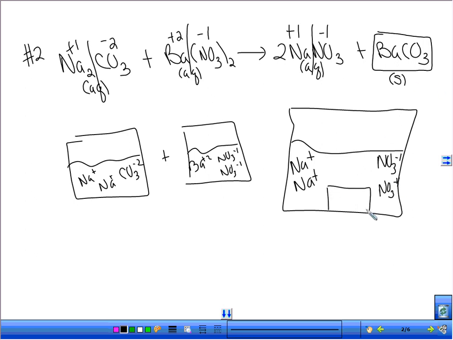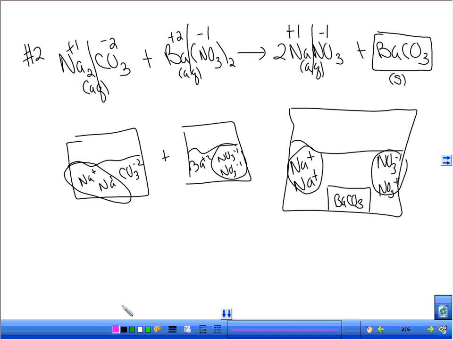Well, he actually formed a solid, and no longer is just hanging out. They just actually joined up together, kind of like made a couple there. So the spectators, hopefully you can see them here, these sodiums here are spectating. They're just hanging out before and hanging out after. And these nitrates are also spectating, just hanging out before and hanging out afterwards.